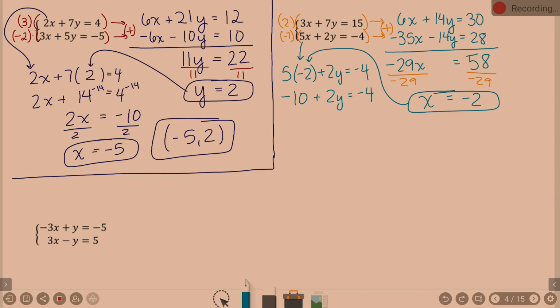Add 10. So 2y equals negative 4 plus 10 is 6. If it's 2y, we're going to divide by 2, and y is 3. Final answer of -2, 3. Did yours work out to match mine?